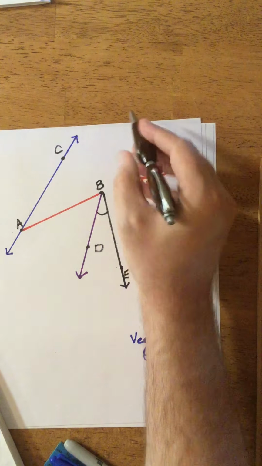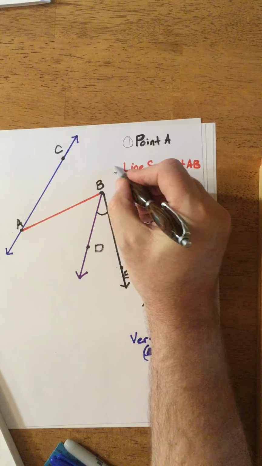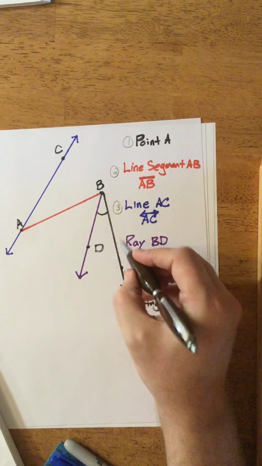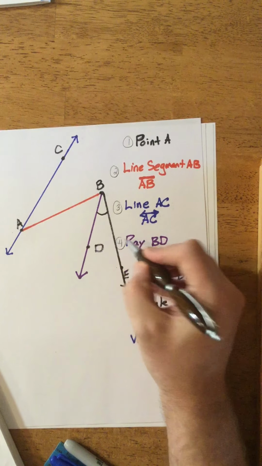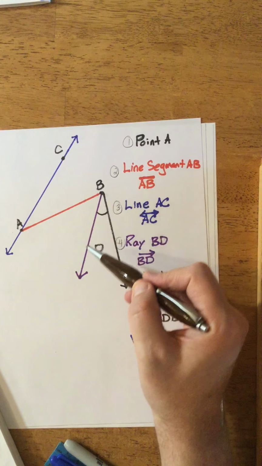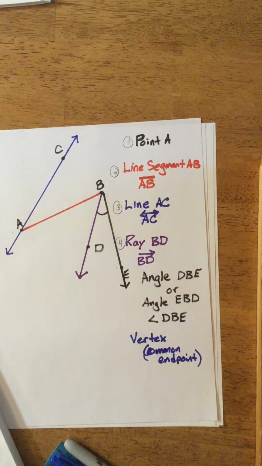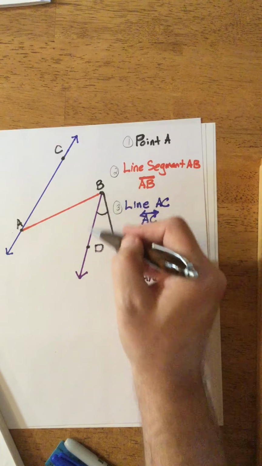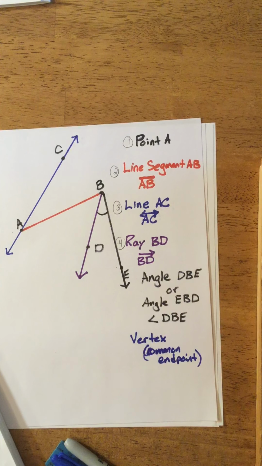Thirdly, we've got, this would be 1, 2, 3. The fourth term is our ray. A ray has a beginning and it has no end. And I kind of like to think of this as a sun ray, a ray of sunshine. It has a beginning, which is the sun itself, and it goes on forever into space.